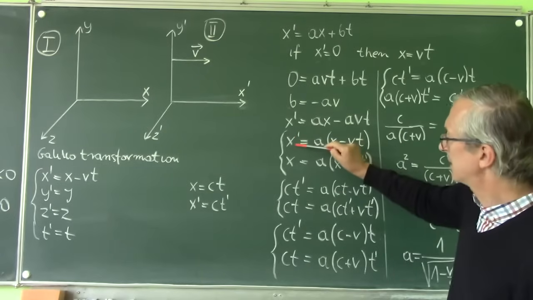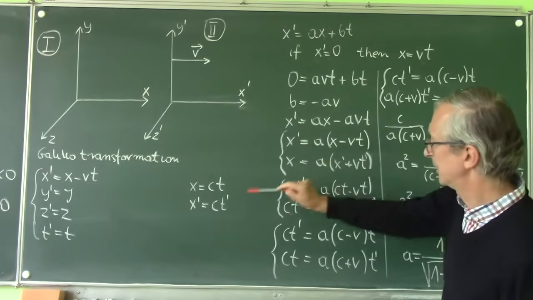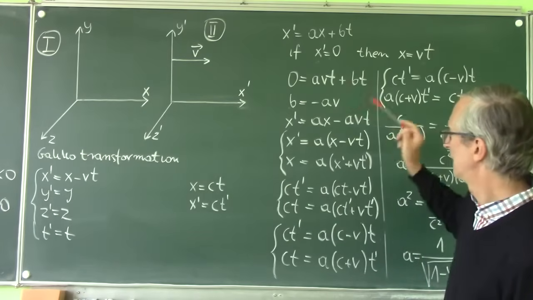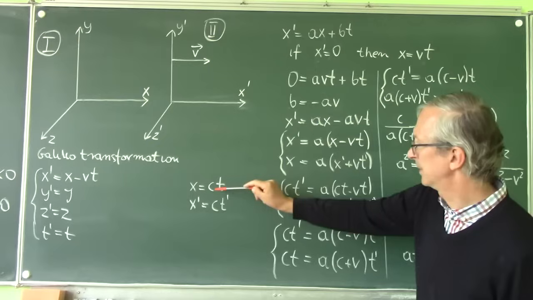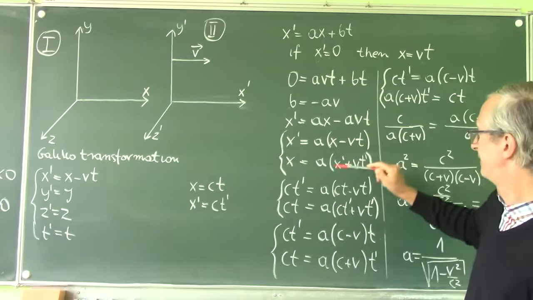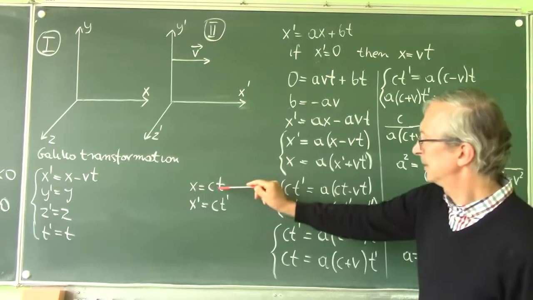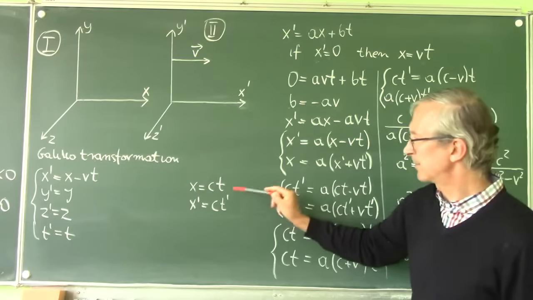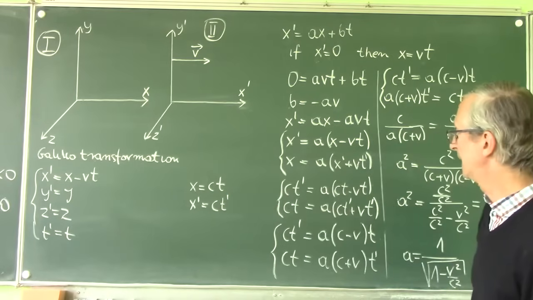So here we put c times t dash. Here we put c times t. Here we put c times t, and here we put c times t dash.